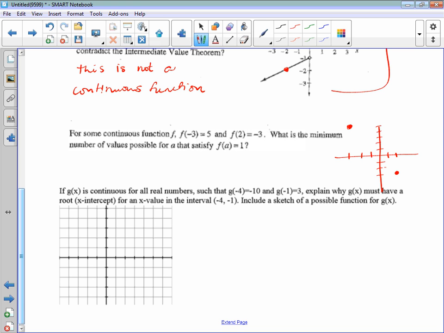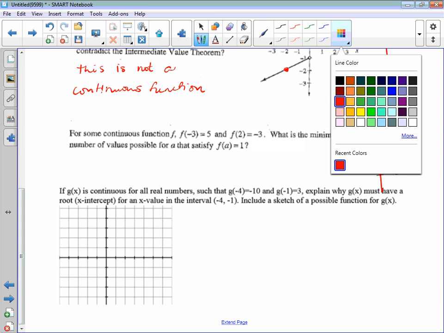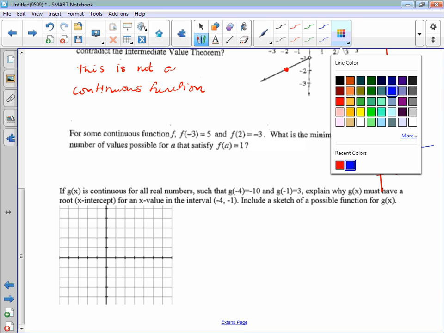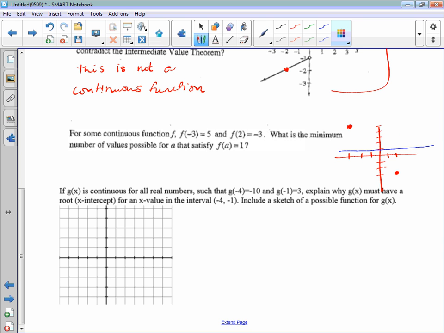And I am asking you about your function value equaling 1. Okay. I do not know what the graph does.